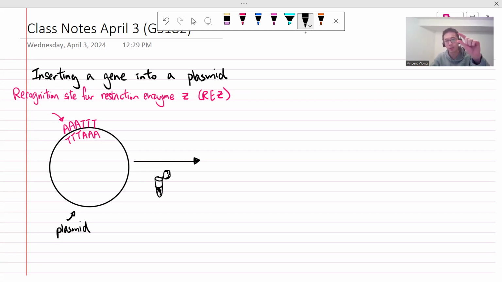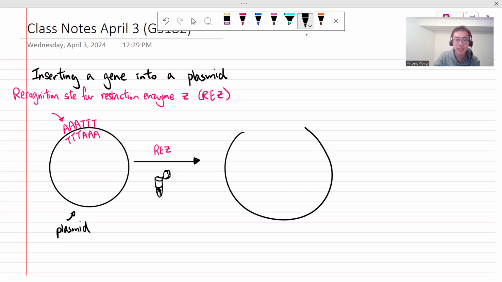The Eppendorf tube is really small. You use a special pipette. You can take some enzymes, and then you put it in. So you add the restriction enzyme Z, and what happens is the plasmid is basically going to pop open.